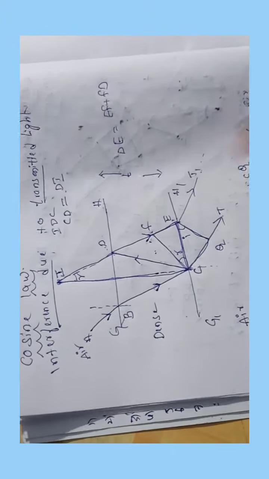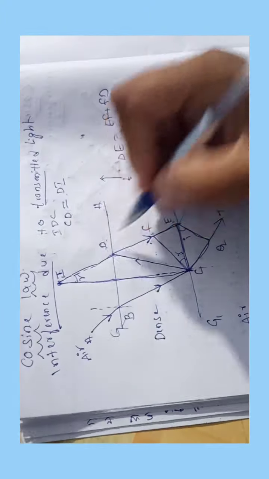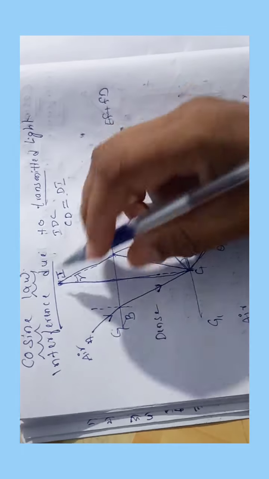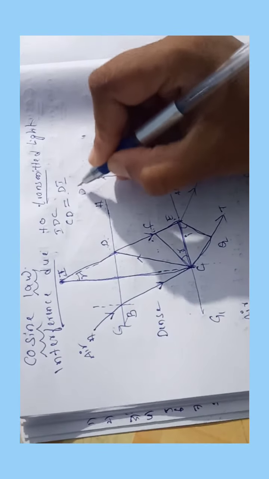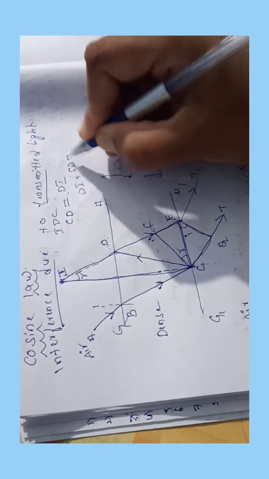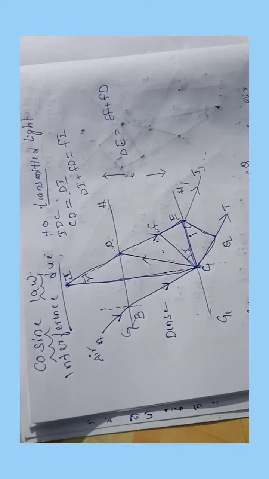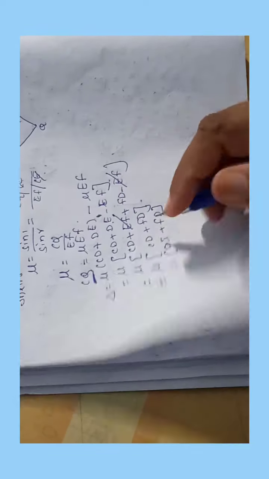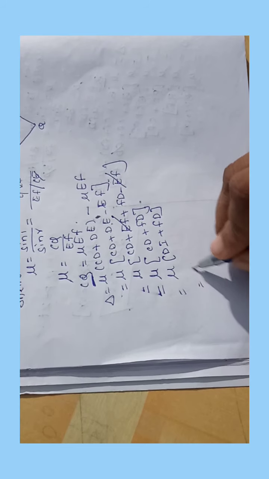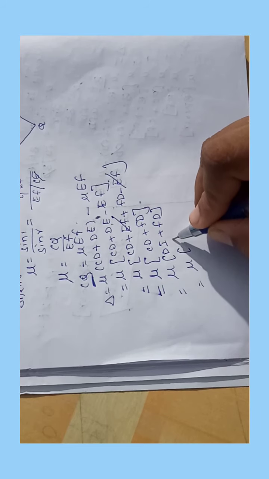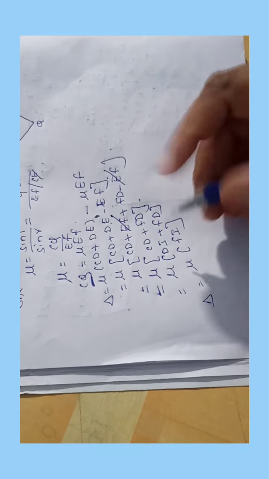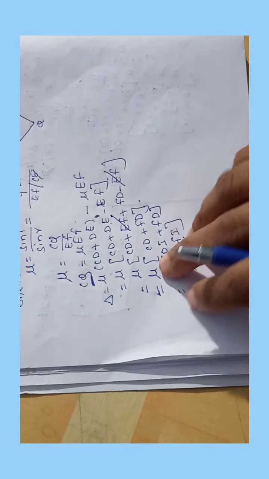Now DI plus FD is nothing but FI. So delta equals mu FI.